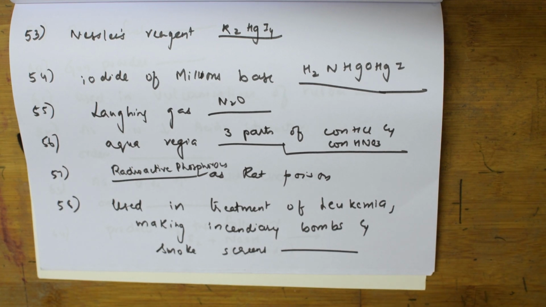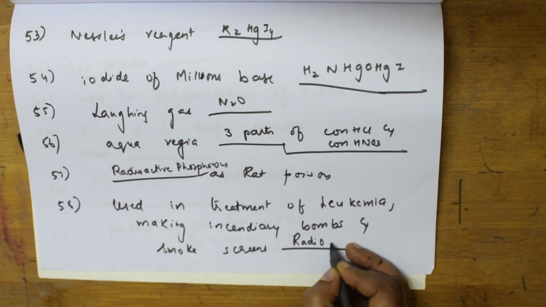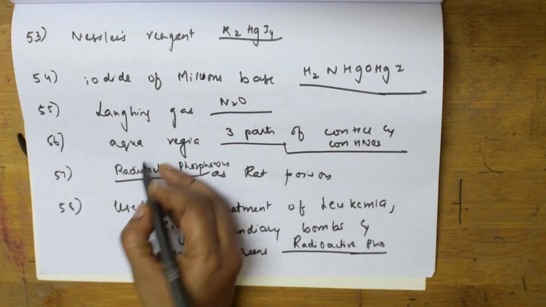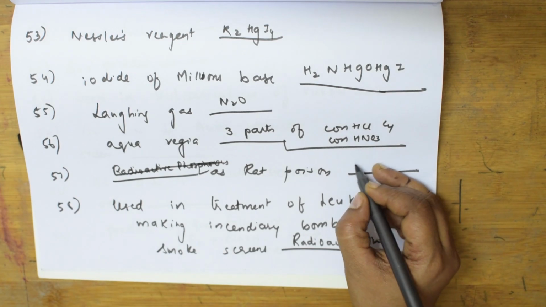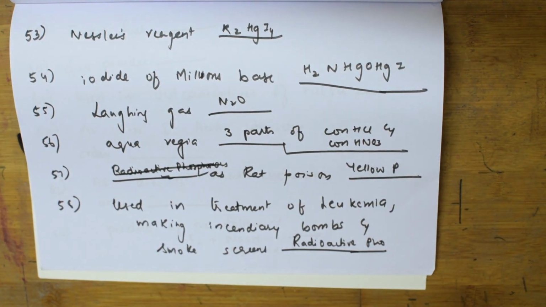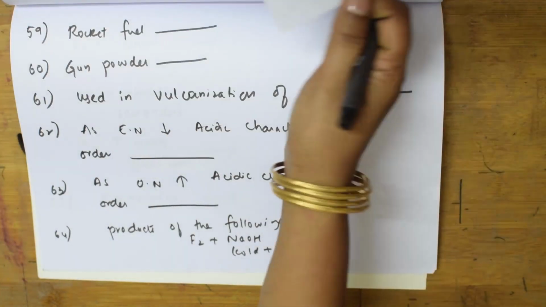I'm sorry students, this is radioactive phosphorus, used in treatment of leukemia. For rat poison, I'm really sorry, it is yellow phosphorus, one of the ingredients in rat poison. Done.